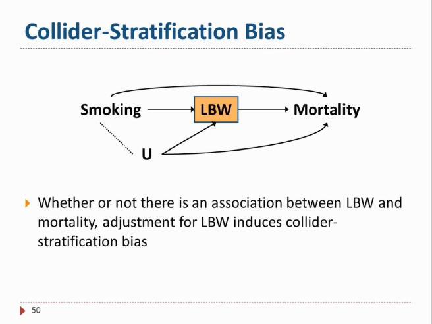And so here, whether or not there's a direct causal association between low birth weight and mortality, there's some argument of whether low birth weight is just a marker for other things going on that are actually affecting mortality. But whether or not we think there's a causal relationship here, when we adjust for low birth weight, we're introducing bias.